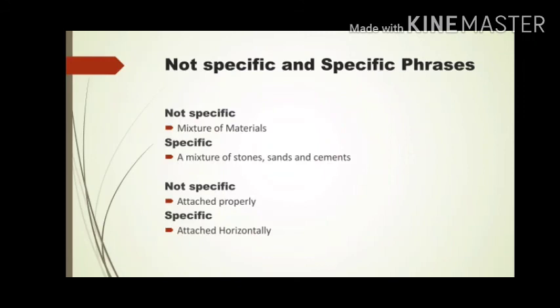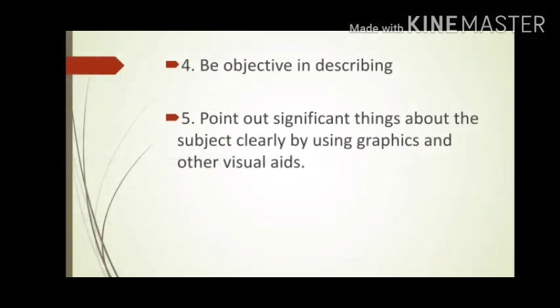One thing, you have to remove unnecessary words in the phrases. After all, technical description is a type of formal paper, so sugar coating is not needed. Fourth, be objective in describing. And the last one is to point out significant things about the subject clearly by using graphics and other visual arts.